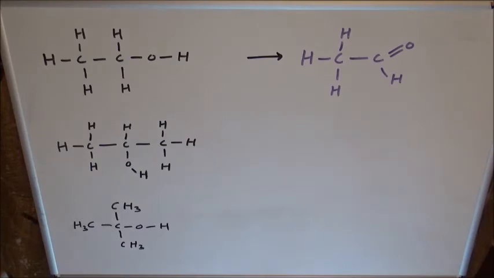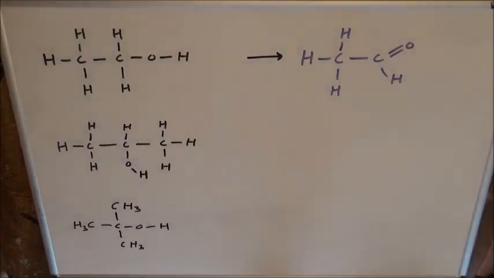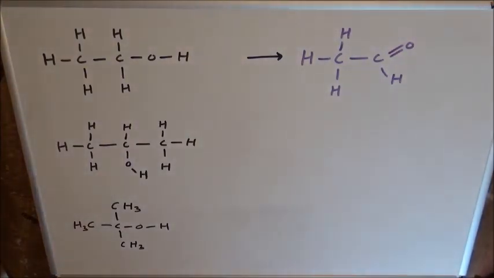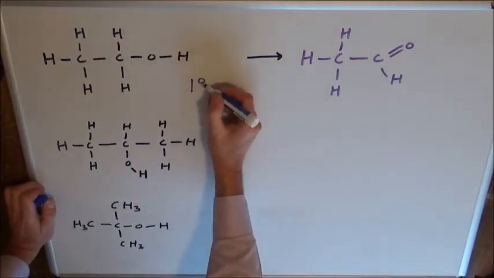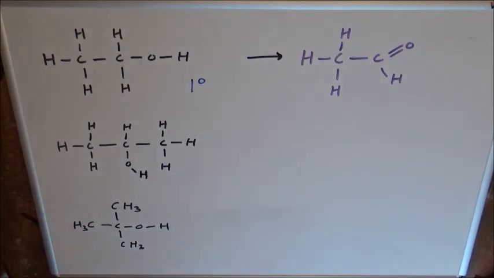But before I show you that reaction, it's helpful to compare the different categories or families of alcohols, because they behave differently when you try to oxidise them. Ethanol is an example of a primary alcohol. I'll just write it like that, but you shouldn't use abbreviations in the exams. You should write it's a primary alcohol, spell it out.